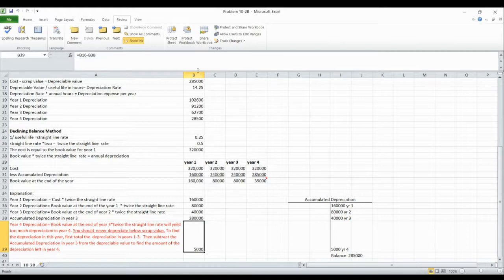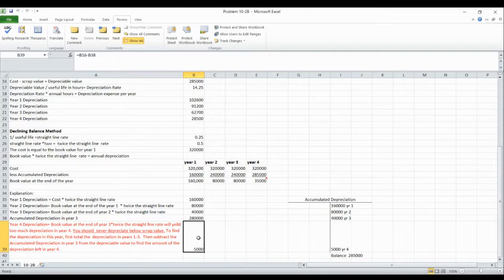The depreciable value was calculated for you on line 16 in B16. Remember, it was cost minus the scrap value. The depreciable value is 285,000. So if you subtract the accumulated depreciation for years 1, 2, and 3, which is 280,000, from the depreciable value of 285,000, it will leave you with the amount that you can depreciate in year four.